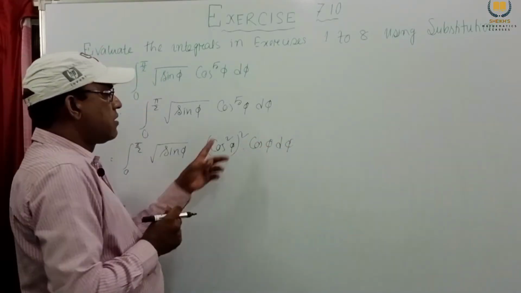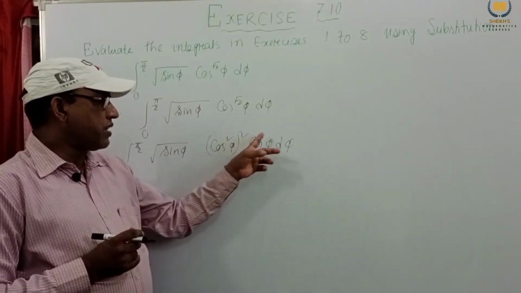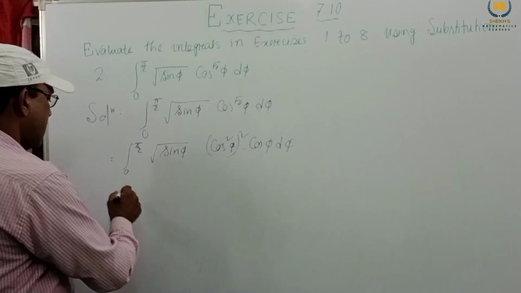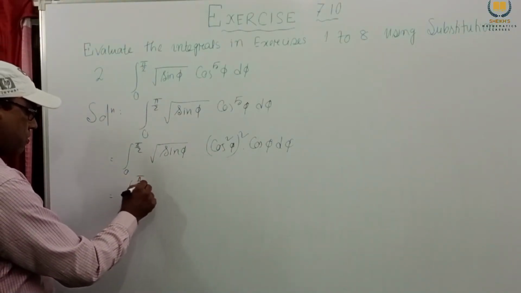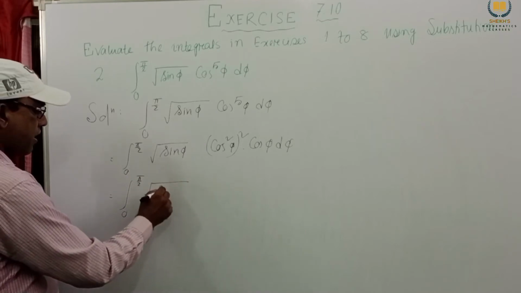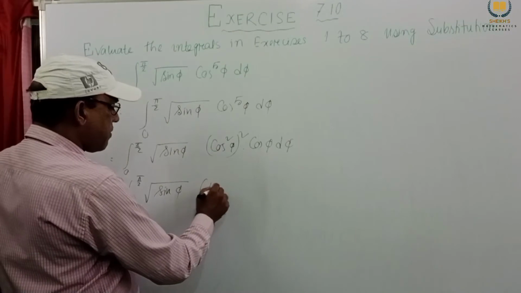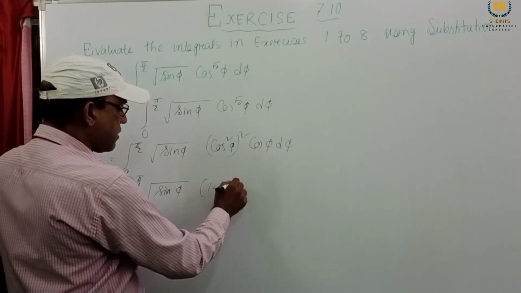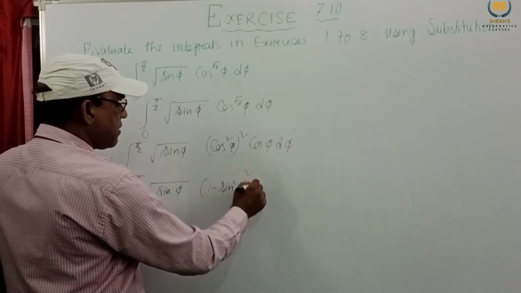Just cos to the power 5 is given, so we write cos square whole square, this is 4, and this is 5. And this will be integral from 0 to pi by 2 of root sin phi, and cos square means 1 minus sin square. Cos square phi equals 1 minus sin square phi.